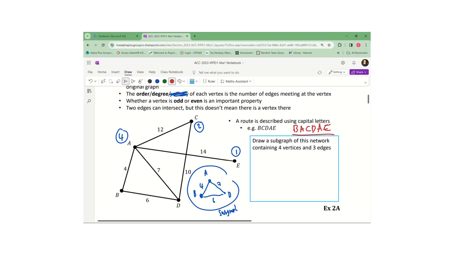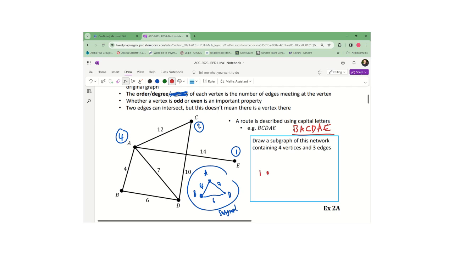Okay, draw a subgraph of this network containing 4 vertices and 3 edges. So I want to draw some part of this graph with 4 of the dots, 4 of A, B, C, D, or E, just 4 of those letters, and 3 edges. So which have 4 vertices and 3 edges? 1, 2, 3, 4. Yeah, I think this will work.